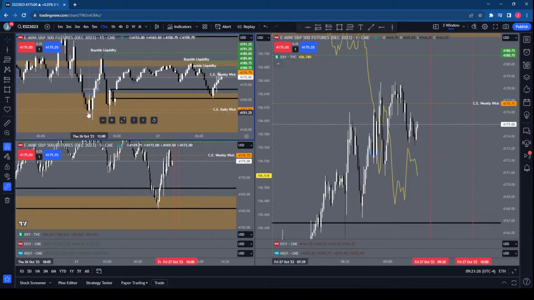See, yesterday, these lows were right at that daily wick consequent encroachment.